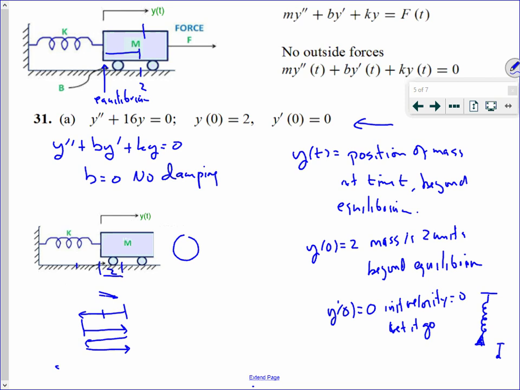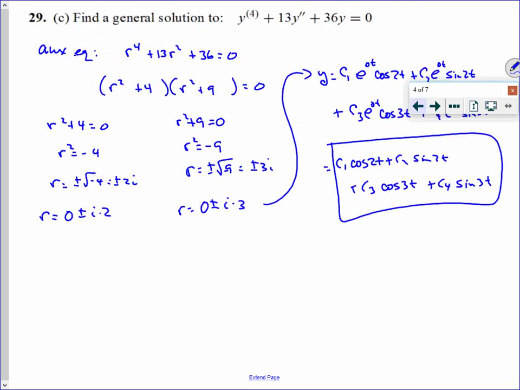Okay. And we can solve this. This is r squared plus 16 equals 0, which gives us 0 plus or minus 4i. So we end up with something like that part of the previous problem.